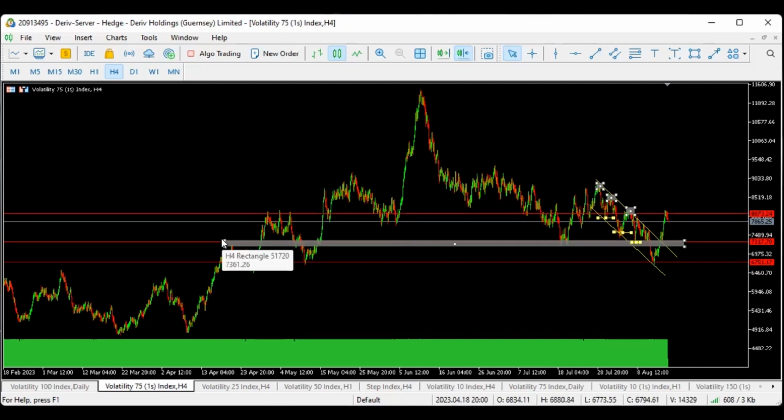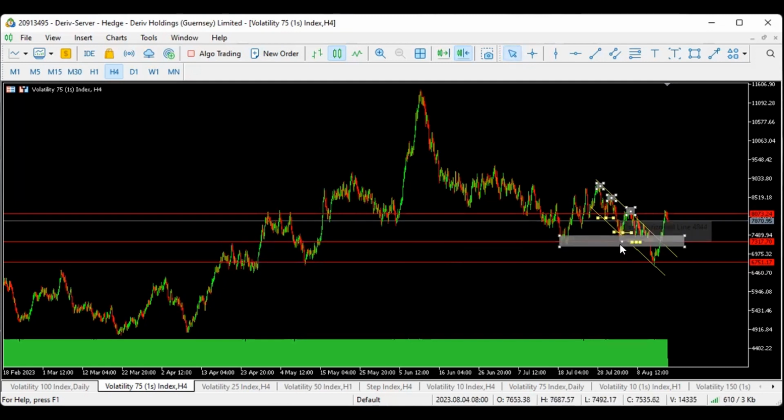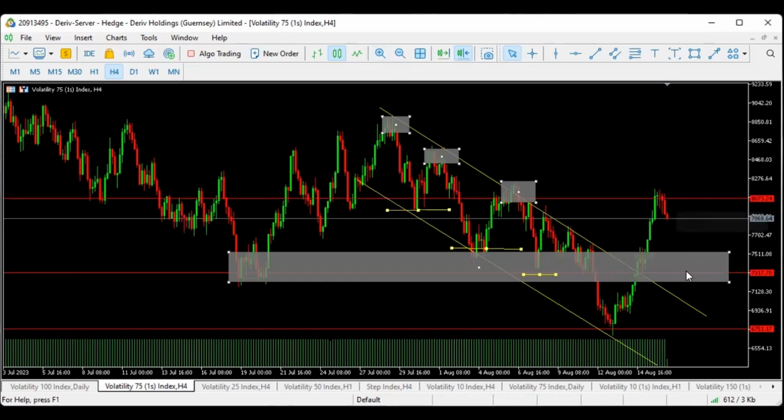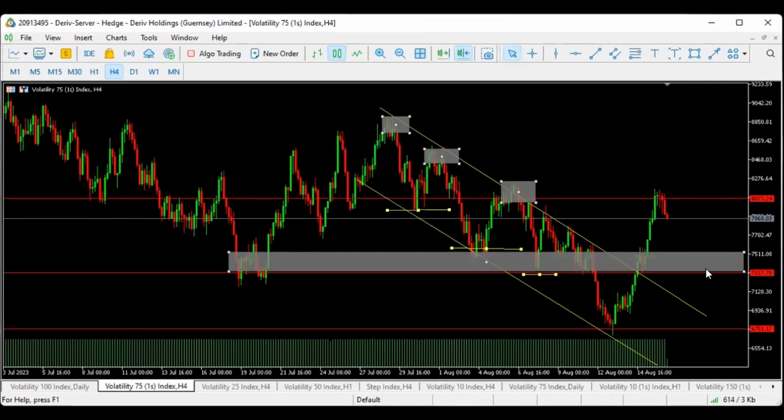So that is why this area became an area of interest, an area that you should watch out for as the price is doing a correction right now, and I can foresee the correction will be up to somewhere around here.